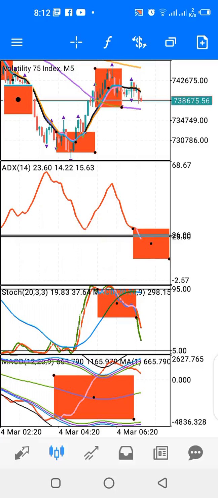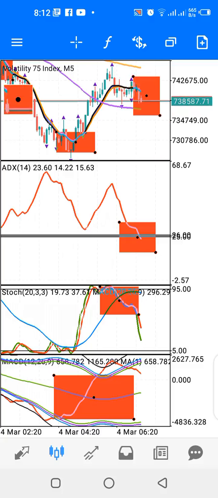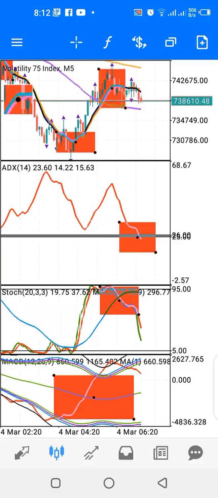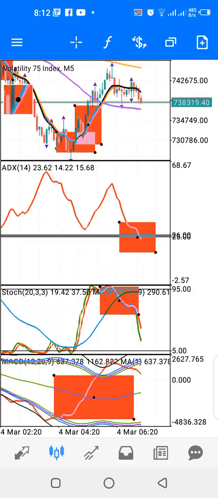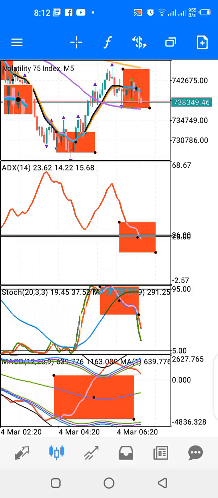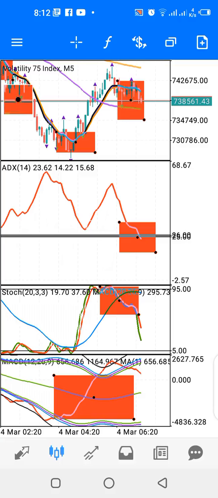And on the main window, we are seeing something like a sell, but we will continue our sell if price drops below the purple line and also drops below the black, orange, and purple lines. If price drops below all the lines, we know we are in a bearish trend.